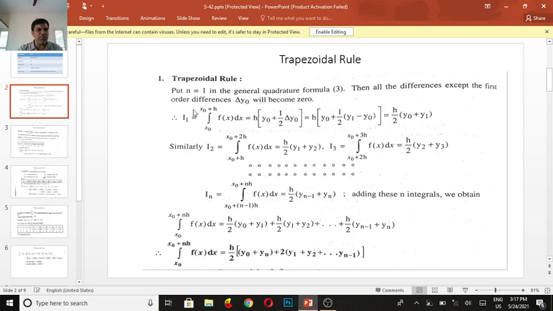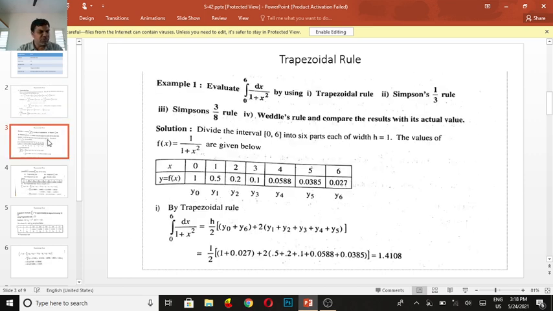Now let us take a problem: evaluate the integral from 0 to 6 of dx by 1 plus x square using the trapezoidal rule, Simpson's 1/3 rule, Simpson's 3/8 rule and Weddle's rule, and compare the results with the actual value. All these formulas we find from the quadrature formula.